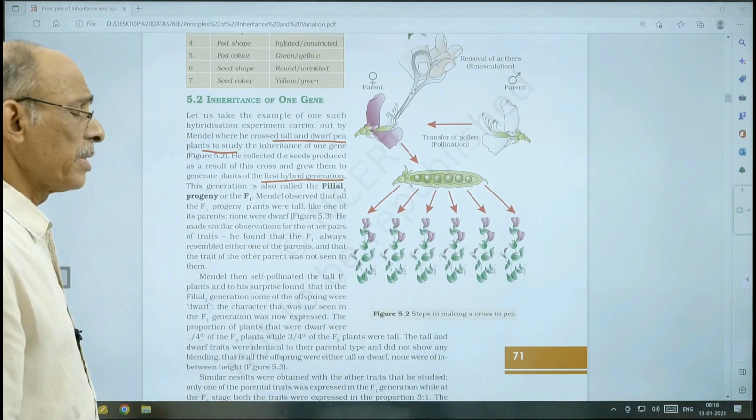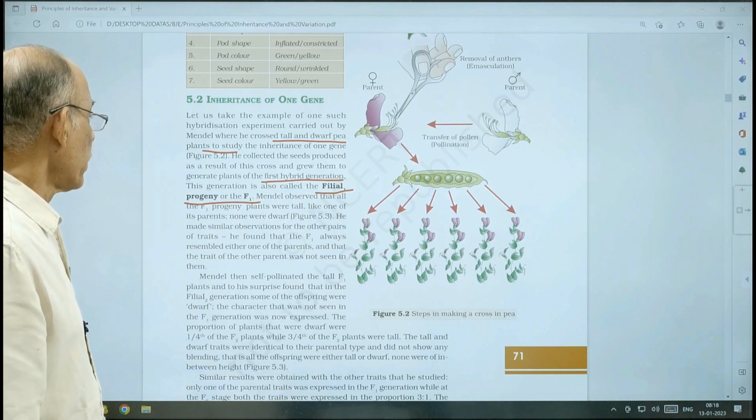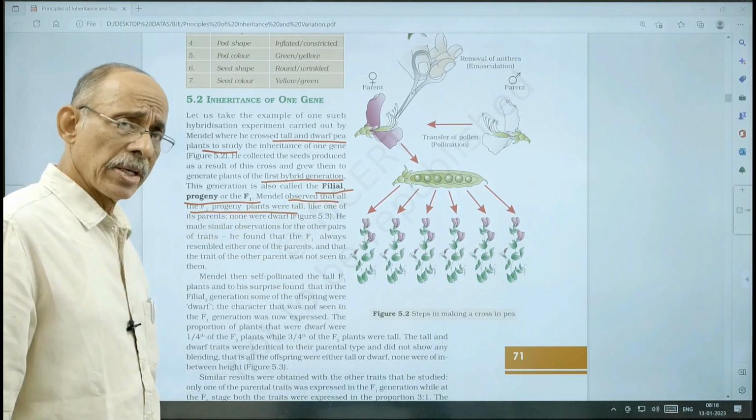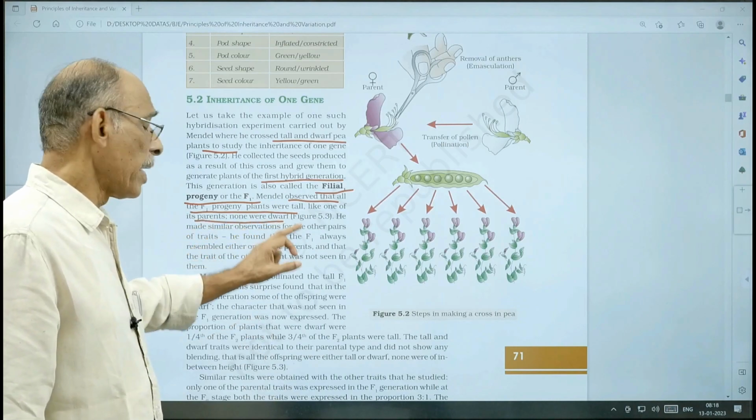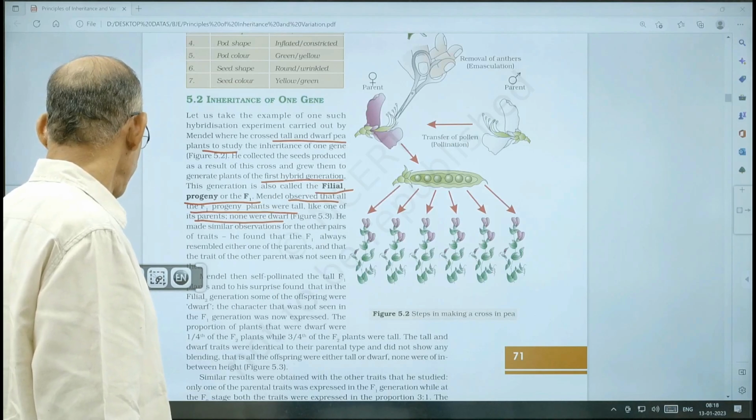This generation is called the first filial generation, or F1. In the F1, Mendel observed that all the plants were tall like the parent, and no dwarf plants were formed.